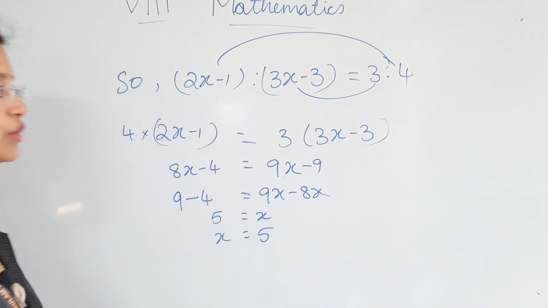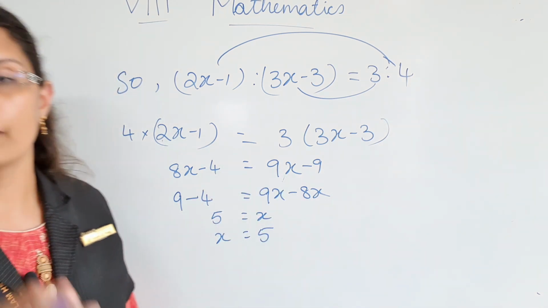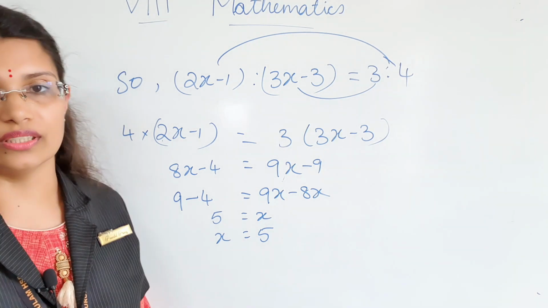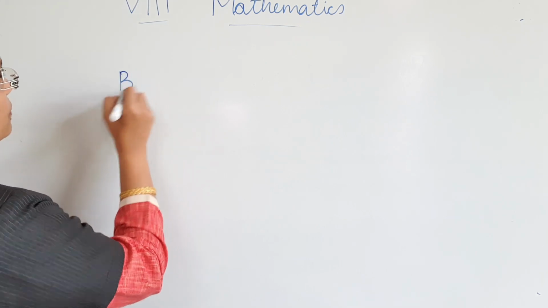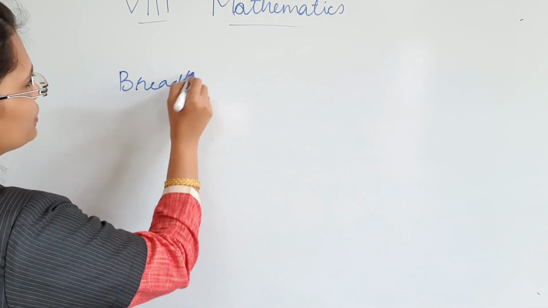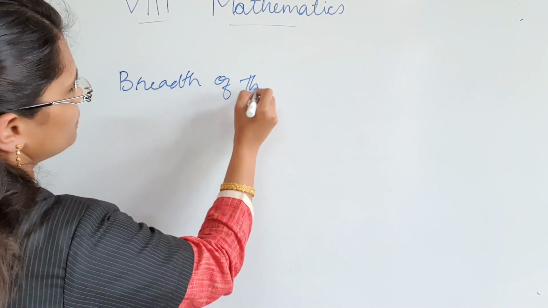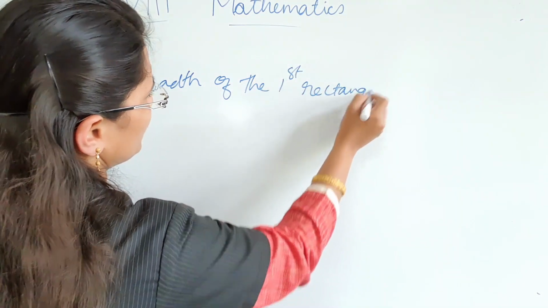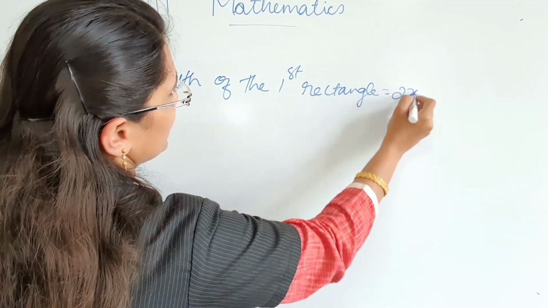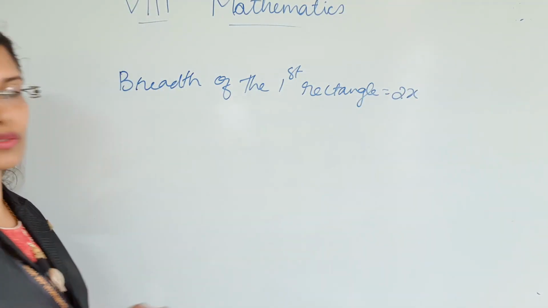Then substitute the values of breadth and length in both the rectangles. Breadth of the first rectangle is equal to 2x. What is x? x is equal to 5.